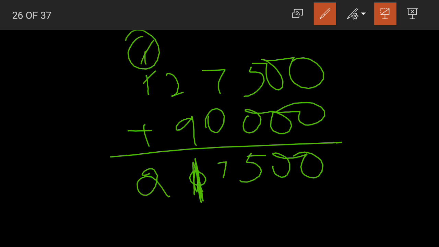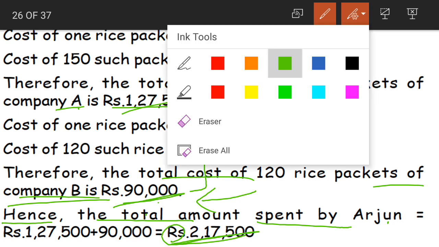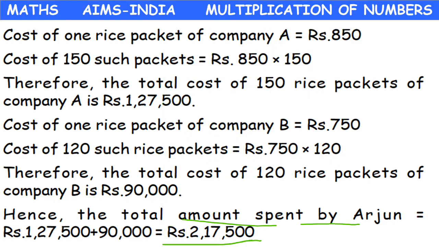Next 1 plus 1, 2. 2,17,500 rupees. Remember to write rupees in front of our answer. This becomes our total amount spent by Arjun.